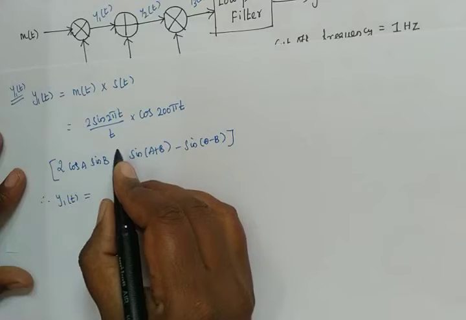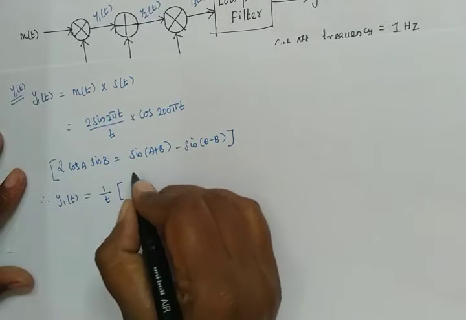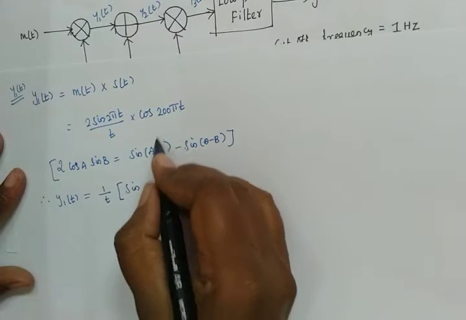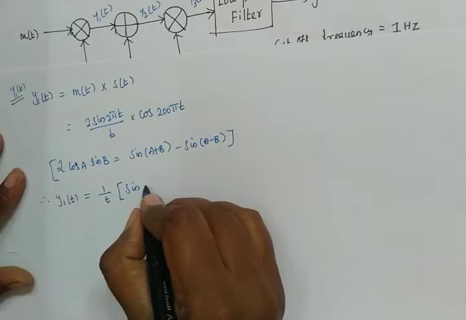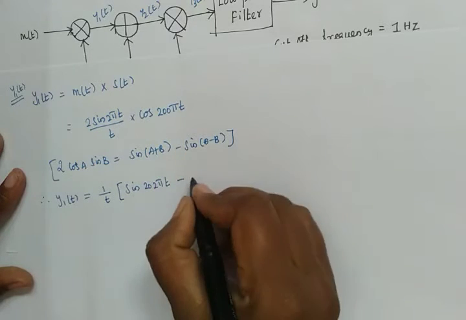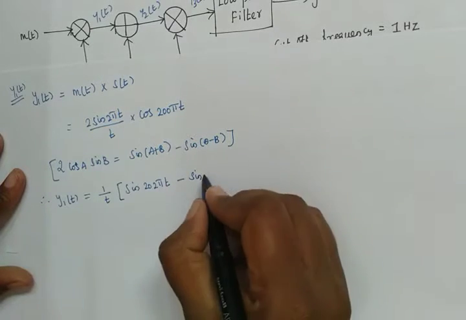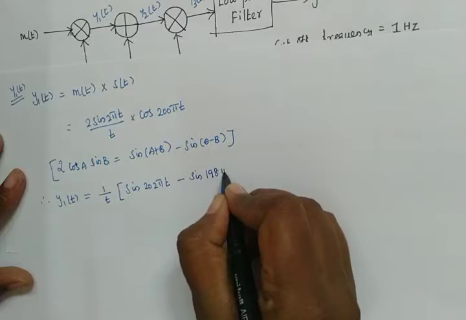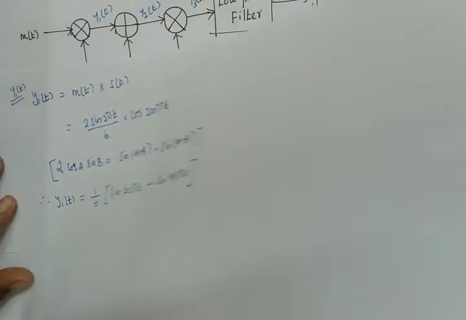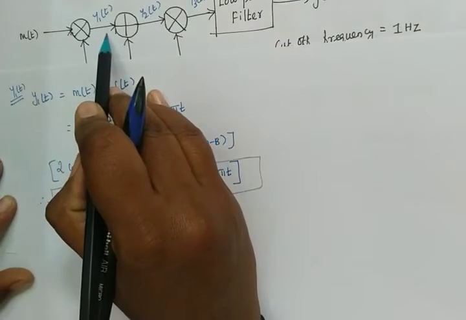Therefore we can write y1 of t is equal to 1 divided by t, into sin of a plus b, 200 plus 2, that is 202 pi t, minus sin of a minus b, 200 minus 2, so 198 pi t. So this is our y1 of t, the output of this multiplier.